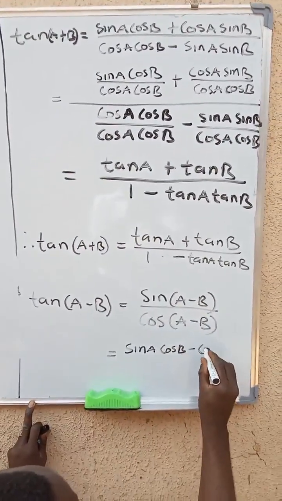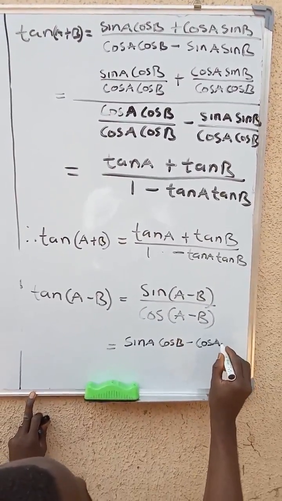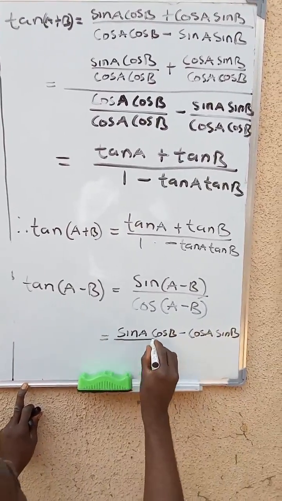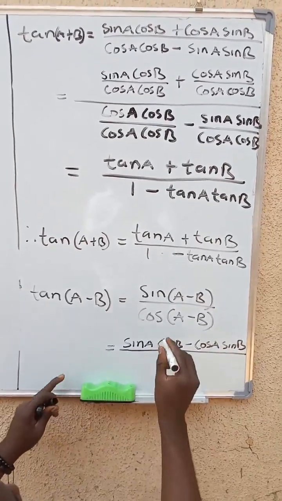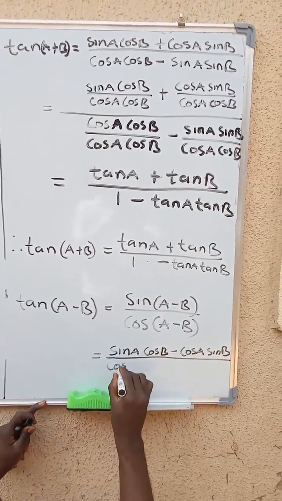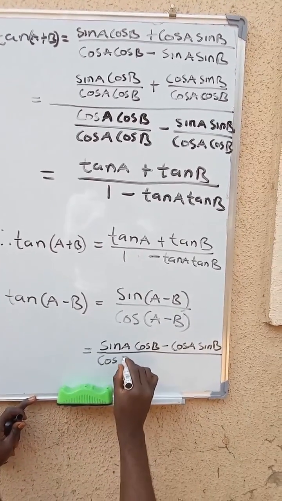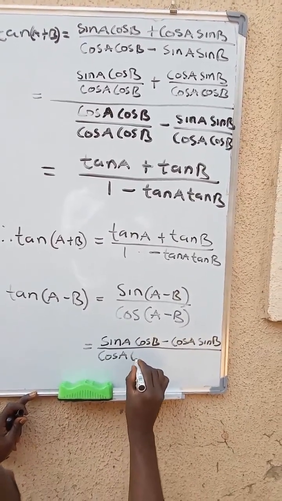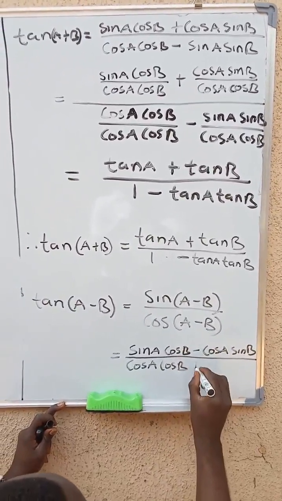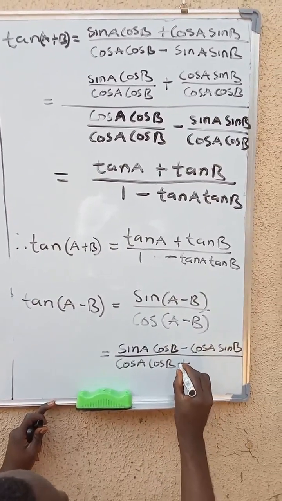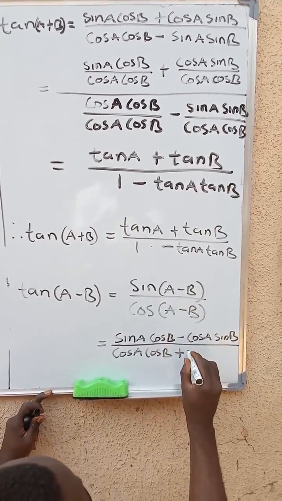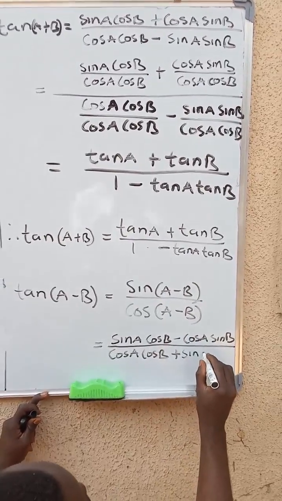Minus, you first give to the neighbor here, cos A sin B. We also know that we have a greedy neighbor. The minus will change. That is, the first takes all and cannot give to the neighbor first. That is cos A cos B. He changed the sign. Instead of leaving it for the neighbor, he changed the sign to plus. Then now allow the neighbor to take sin A sin B.